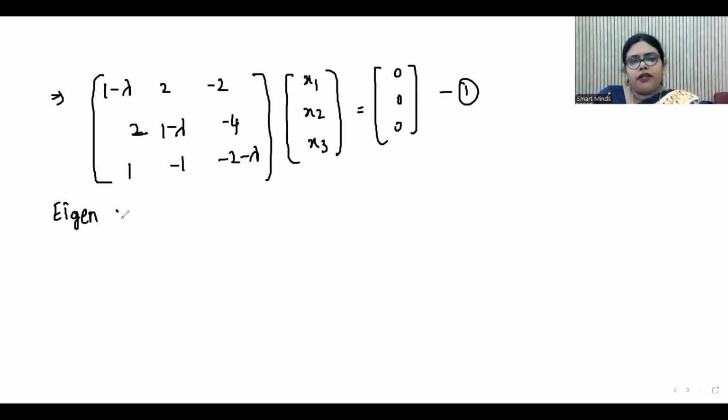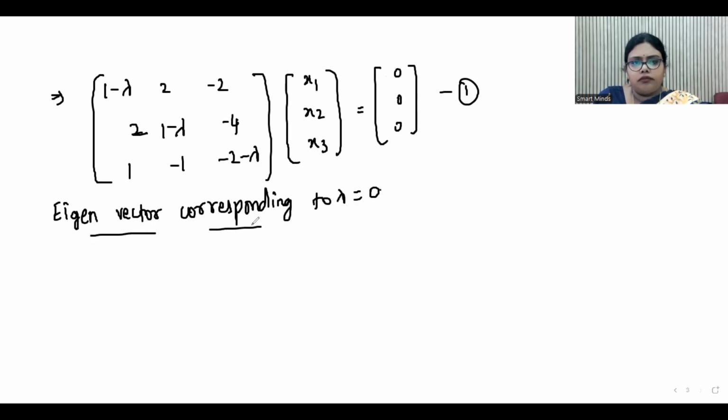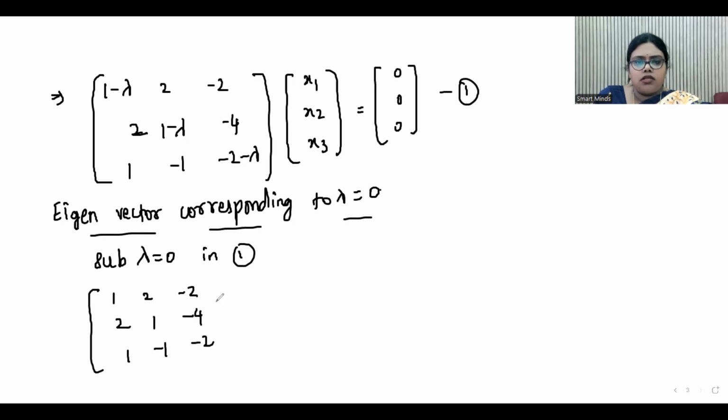Now we need to find the eigenvector corresponding to lambda is equal to 0. So substituting lambda is equal to 0 in equation number 1, what do you get? [1, 2, -2; 2, 1, -4; 1, -1, -2] into [x1, x2, x3].